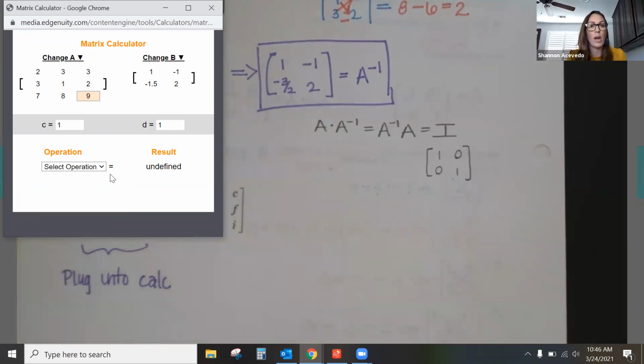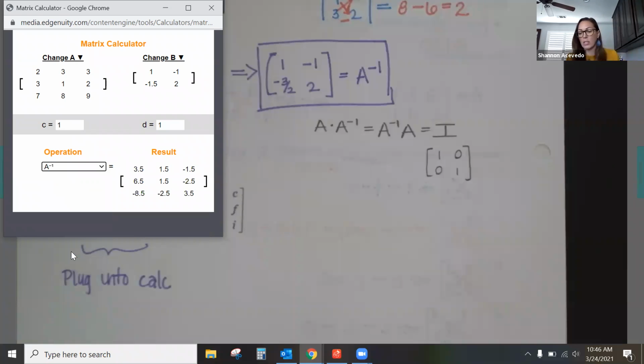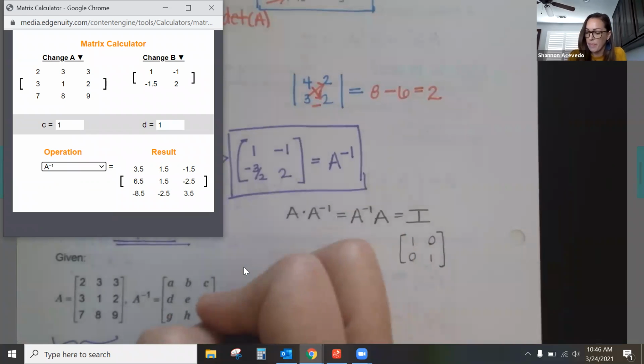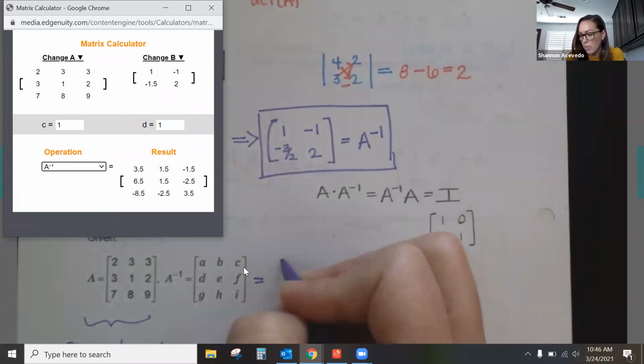So if I want to figure out what is going to be the inverse of this, then I go to inverse of A, and there's my answer. So the inverse of this is going to be, I'll write it right down here. I'm going to copy that down.